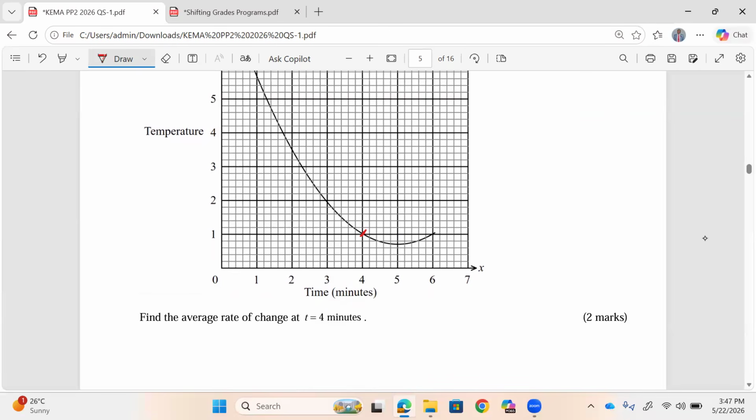A tangent is a line that touches a curve without passing through the curve. So we can draw it. Let me make it more perfect.